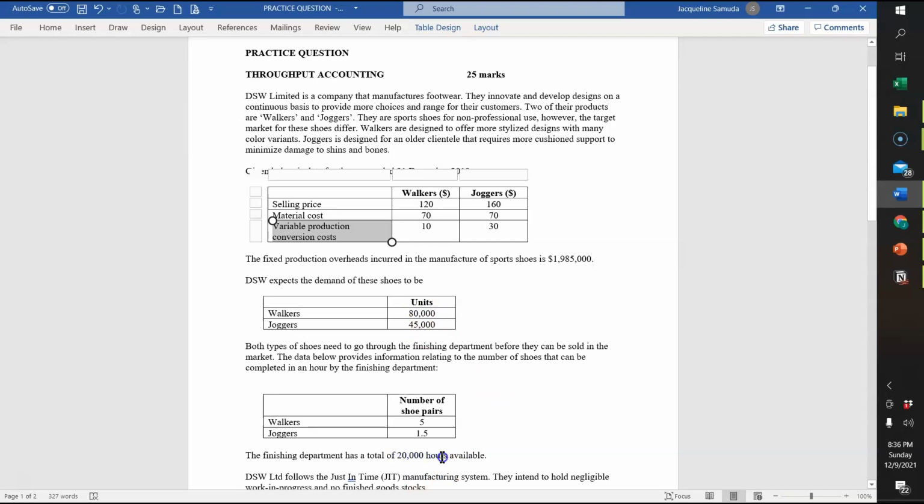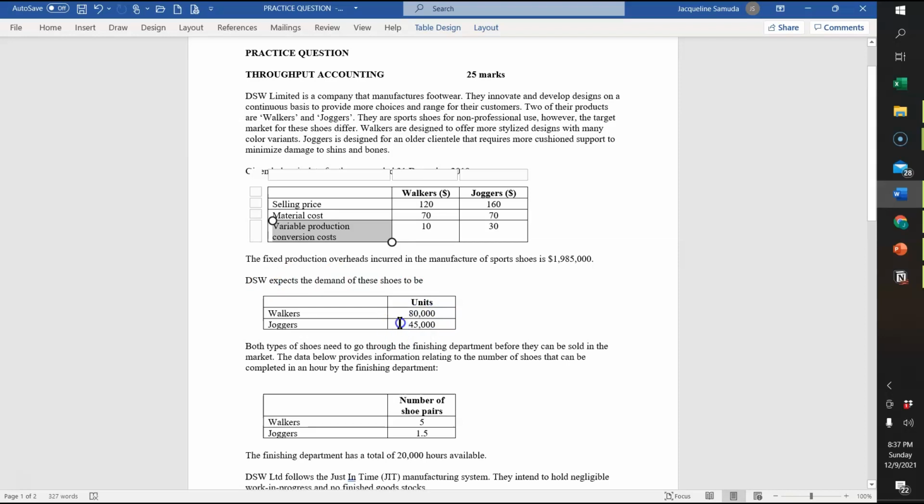And if I do recall, I did work that calculation out, and the figure ended up being greater than the 20,000 hours. So what is that telling me? Even though DSW may be able to sell these quantities, they cannot make them.